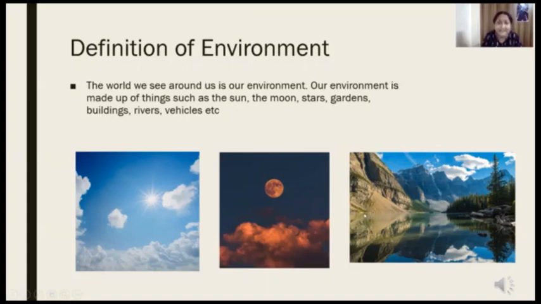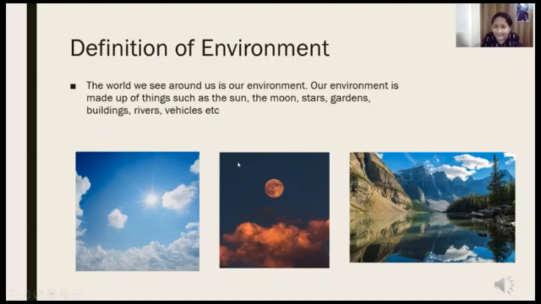Our environment is made up of things such as the sun, the moon, stars, gardens, buildings, rivers, vehicles, etc. All the things around us, living things, non-living things, all the things around us that we can see are part of our environment.